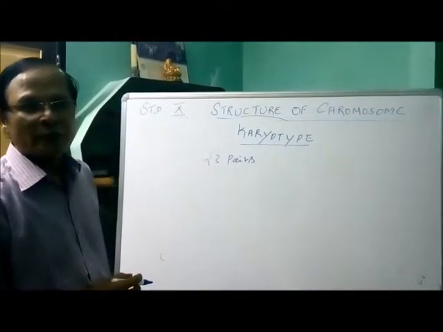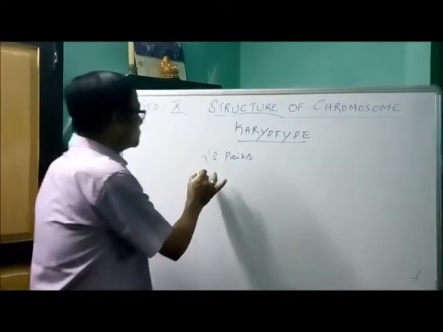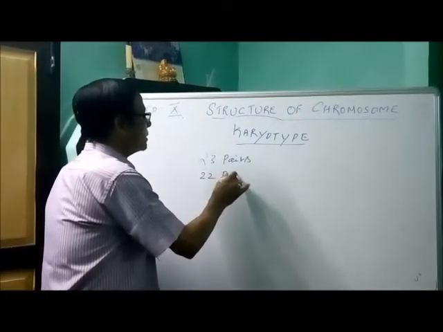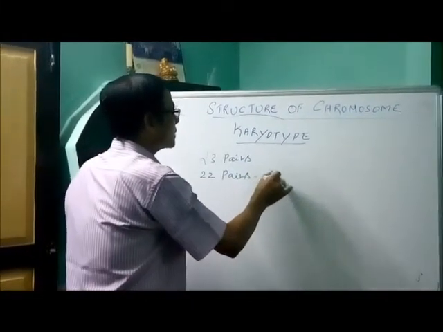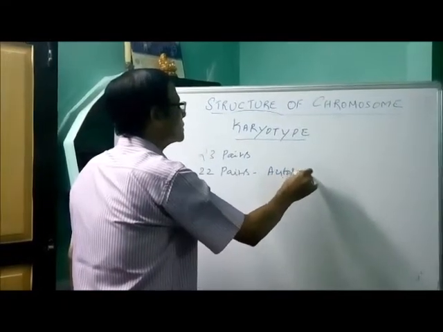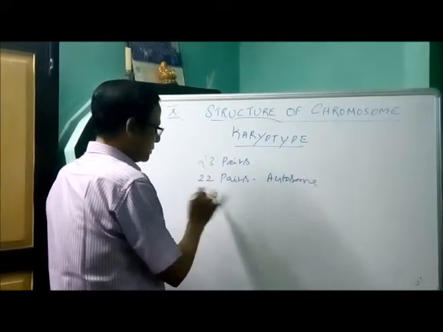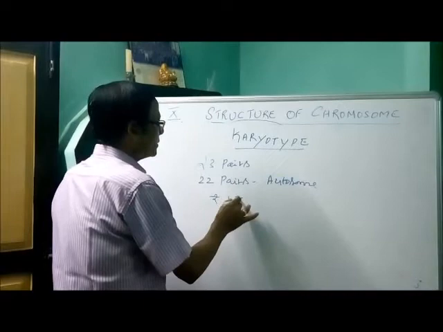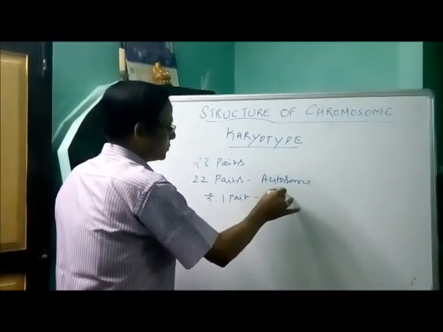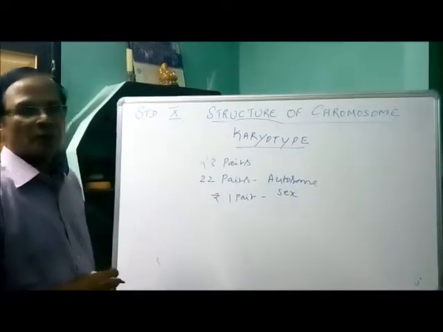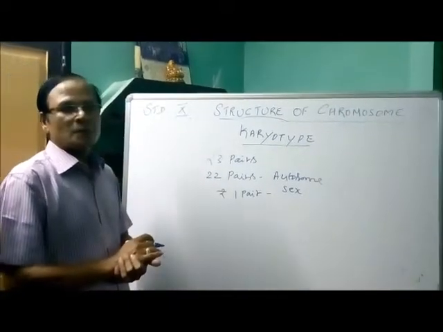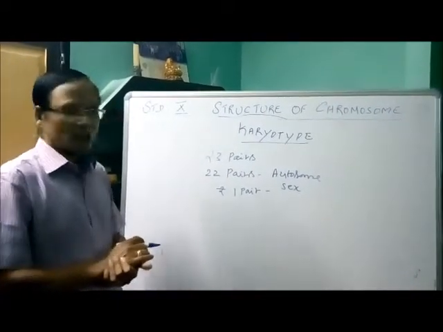Out of these 23 pairs, 22 pairs are autosomes. The remaining one pair is the sex chromosomes.